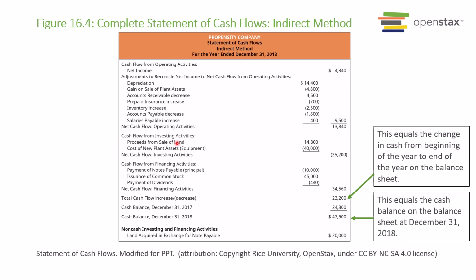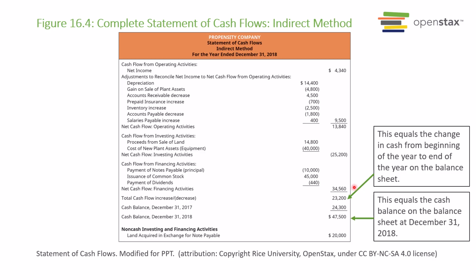Then we calculated our investing activities with proceeds in from long-term property, plant, and equipment sales and purchases cash out in this category. Added those up and got our amount for the investing section, net cash flow. And then we looked at our long-term liabilities and equity, added those up, and got our financing section.